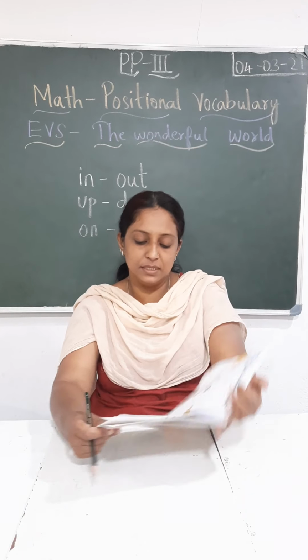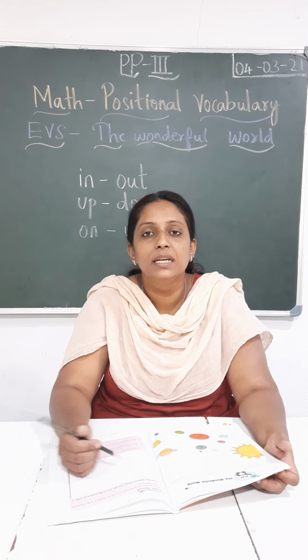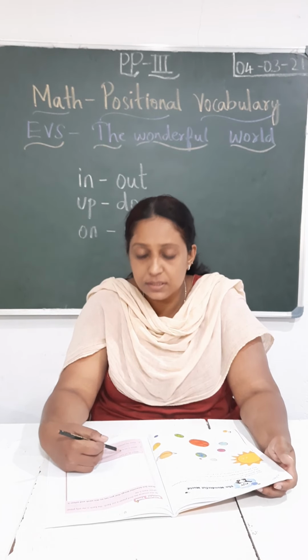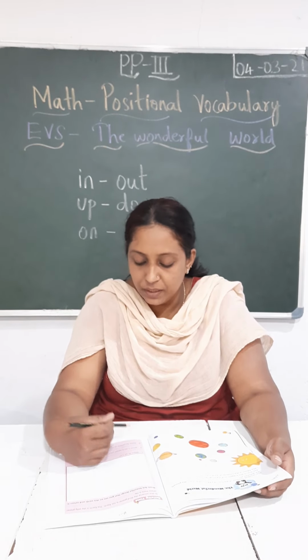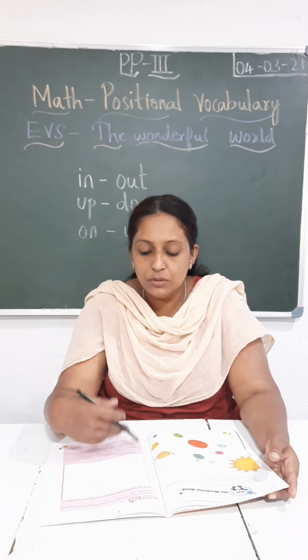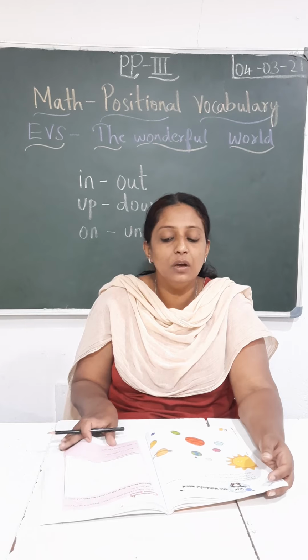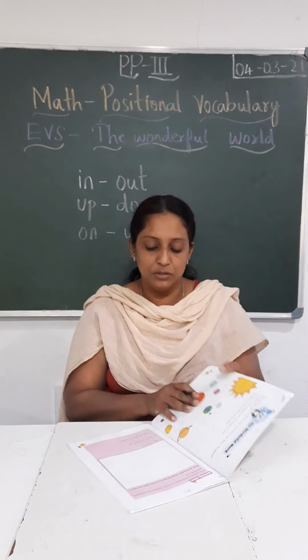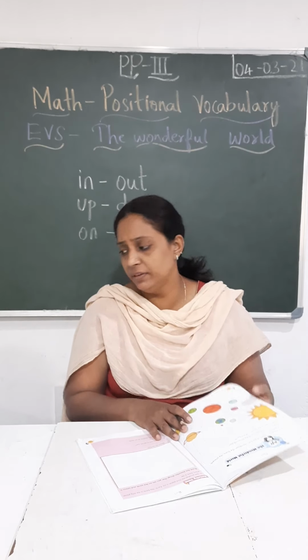The first question is, where do we live? You have to write the answer. Second, which is the brightest star? Third, name the satellite of our Earth. This is going to be your homework part. Kindly finish this EVS homework.